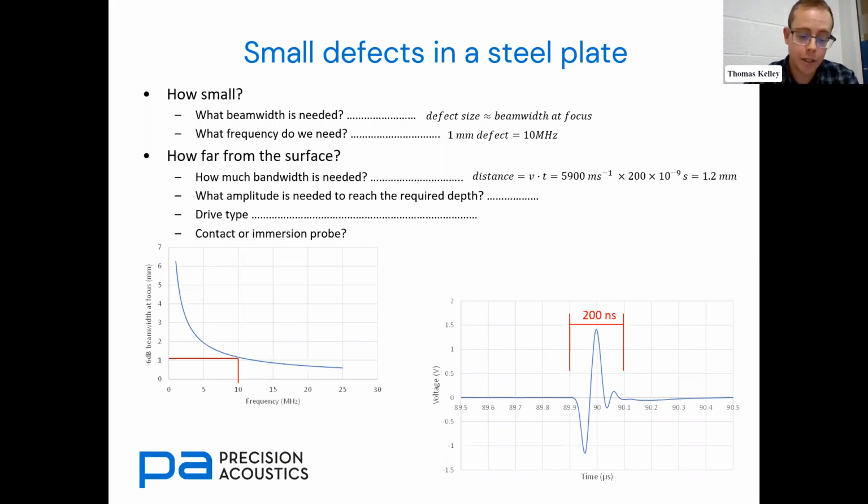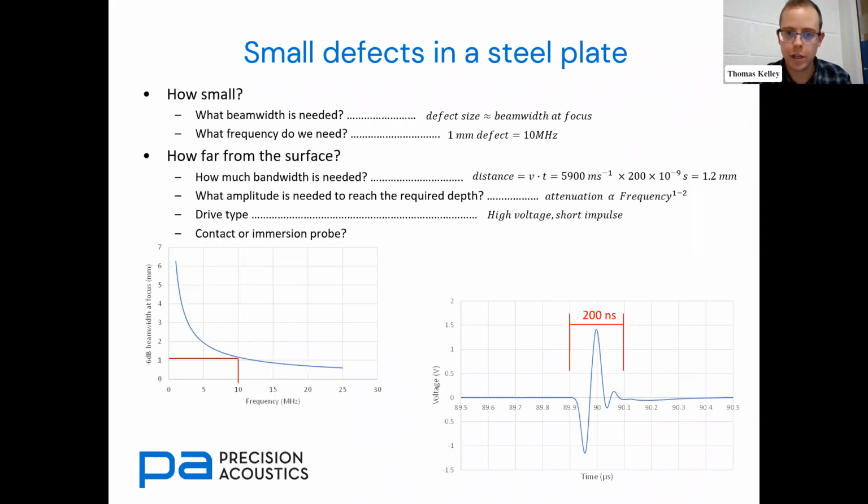And a pulse length of this duration is going to lead us to a frequency of about 10 megahertz or higher, and it is a very broadband pulse. So we'll also have to think about the amplitude of the signal and how we're going to drive the transducer.